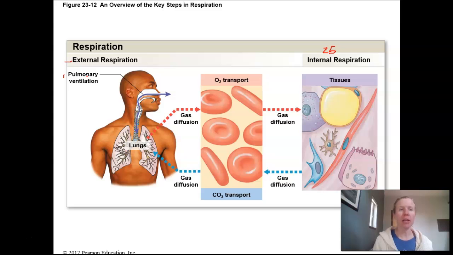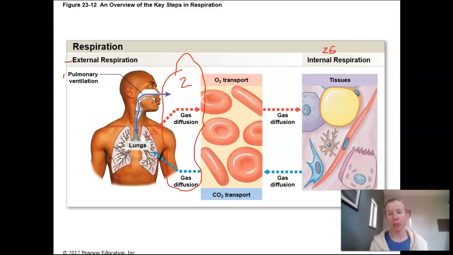The other parts of external respiration are this gas diffusion, right? So we see that we need to get gases across the respiratory membrane, right, between the alveoli and the capillaries. And so we want to move oxygen into the blood, obviously, and CO2 back out.